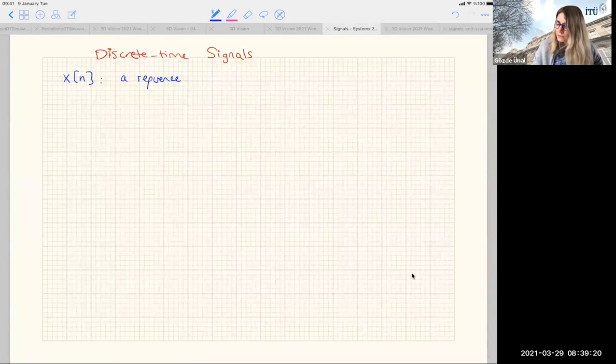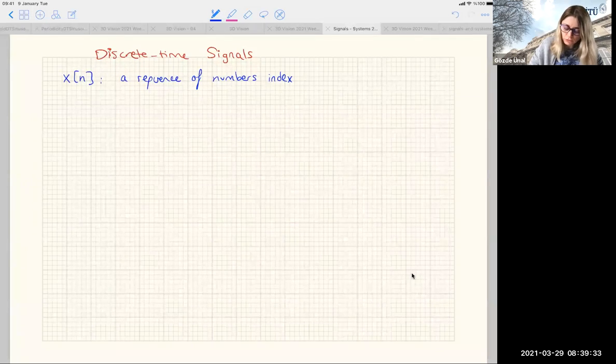So, a sequence of numbers. Because we are computer engineers, we are used to working with arrays, vectors, matrices. This sounds good, but the mathematics, interestingly, gets a little trickier when we go from continuous time to discrete time. In terms of math, I typically like to start with continuous time. I like to work in continuous time.